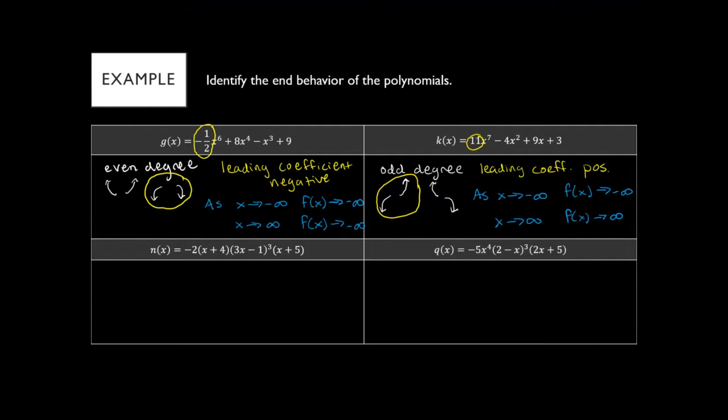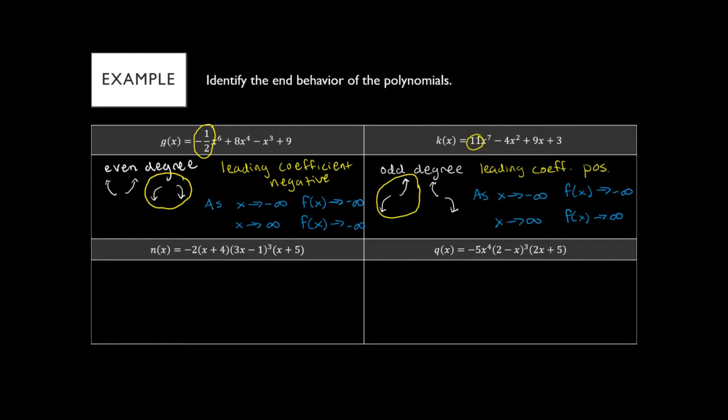Like the one on the left, we've got lots of things multiplied. So I'm going to show you how to do it otherwise. If you're given something like this on a quiz or a test, I would recommend you type it into Desmos and use that as your guide. But I'm going to show you how to do it by hand.